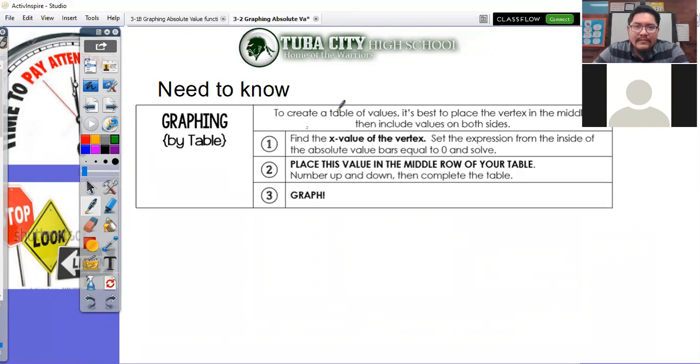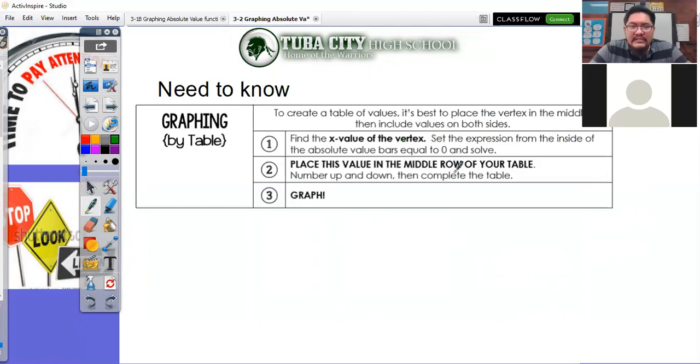All right, so to create a table of values, it's best to place the vertex in the middle and then include some of the numbers on both sides. So first thing we have to do is find the x value of the vertex. Set the expression from inside the absolute value bars equal to 0 and solve.